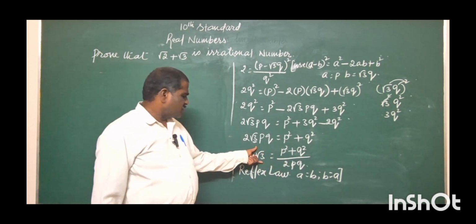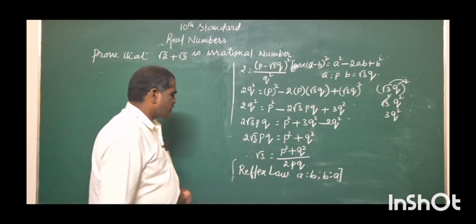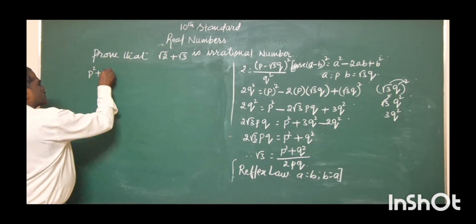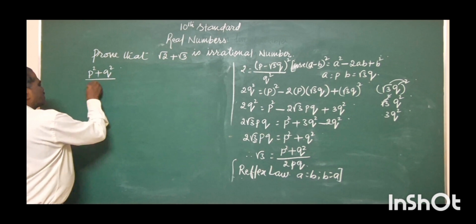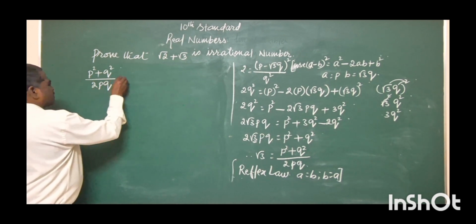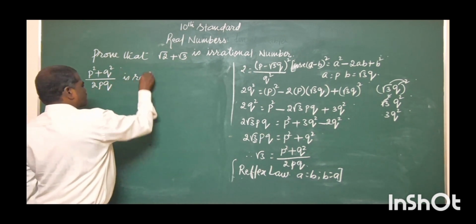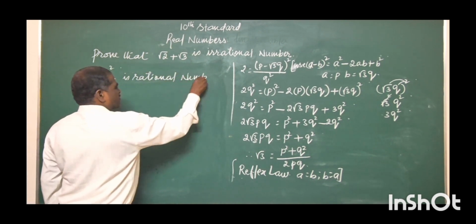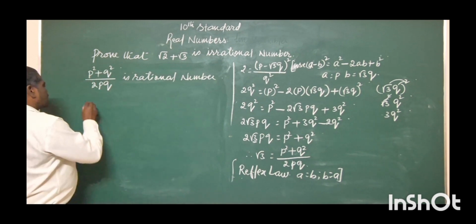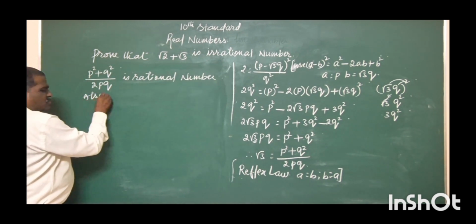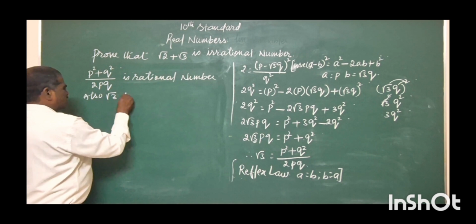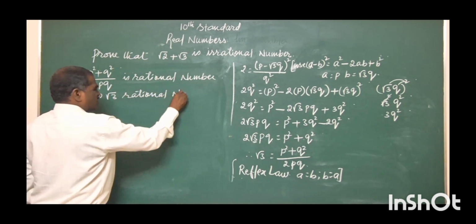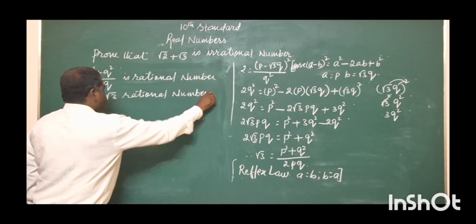So root 3 also will be concluded as a rational number. p square plus q square divided by 2pq is a rational number, and root 3 is also a rational number.